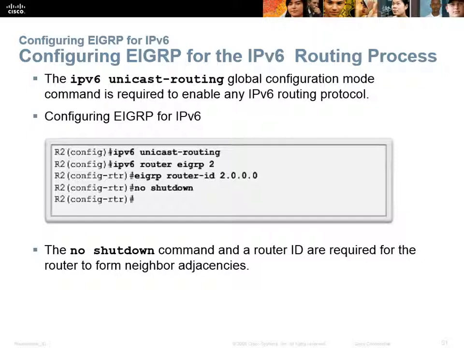Okay, how do you do IPv6 on EIGRP? Instead of router EIGRP 2, it's IPv6 router EIGRP 2. You just add IPv6 in front of router EIGRP. Okay? Any questions?